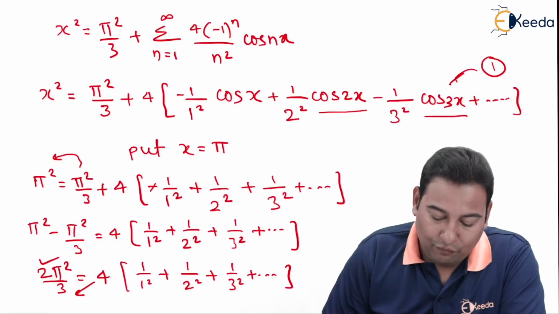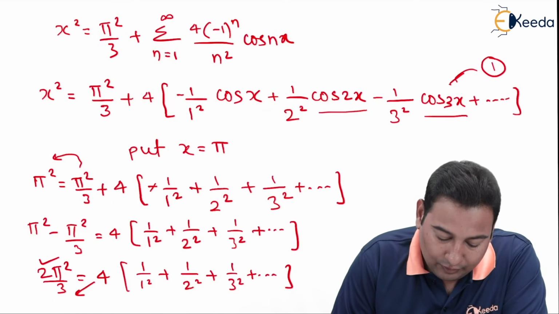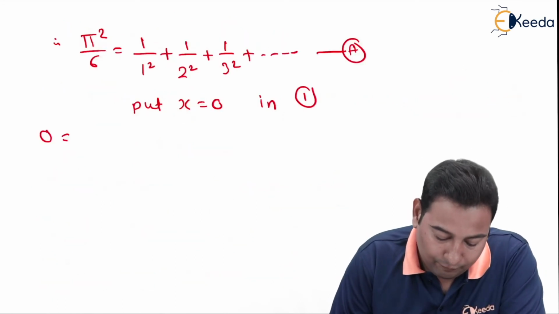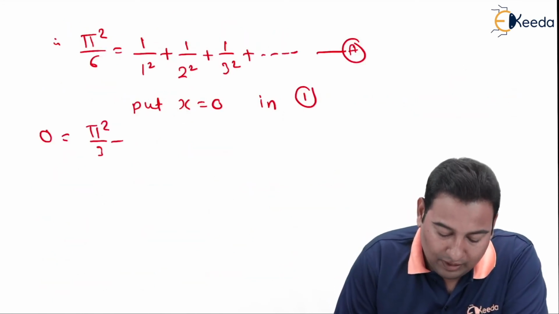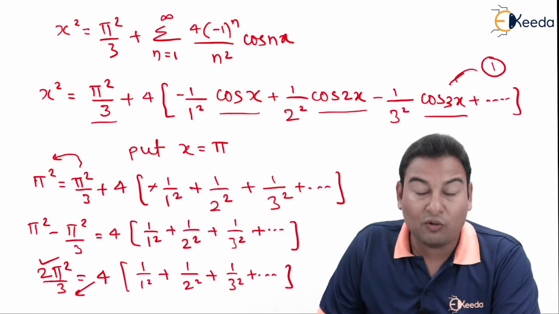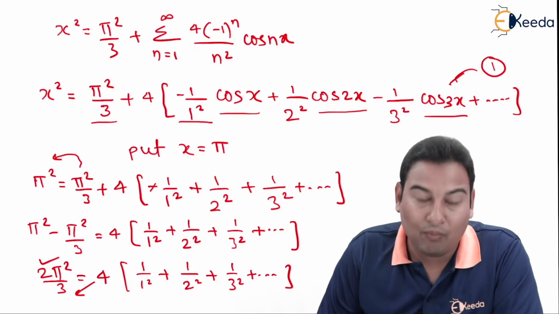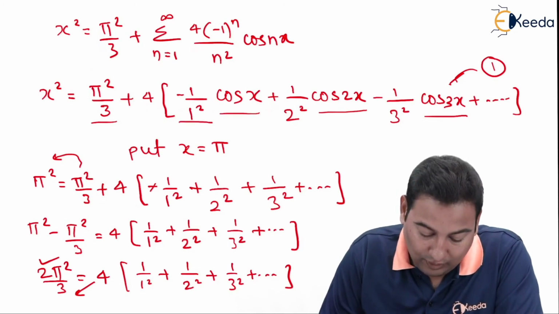Let's check. If you put x equal to 0, the left side will be 0, which is equal to pi square by 3 plus 4 times the bracket. Inside, if you substitute x equal to 0, this will become cos 0 and cos 0 is 1. Therefore, we'll be left with minus 1 upon 1 square.